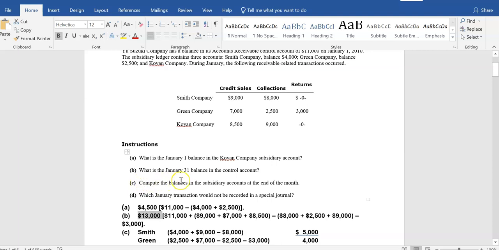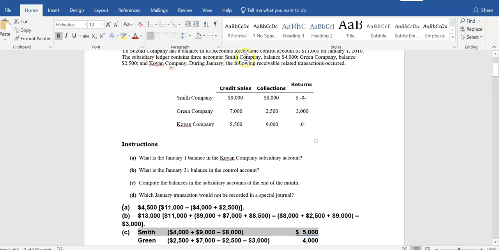Now they want us to compute the balances in the subsidiary accounts at the end of the month. For Smith, we know Smith started with the $4,000 balance. Smith's receivable would have increased $9,000 for the amount of credit sales, and it would have decreased $8,000 for the amount that we collected from Smith, meaning Smith must have ended January with $5,000 balance.